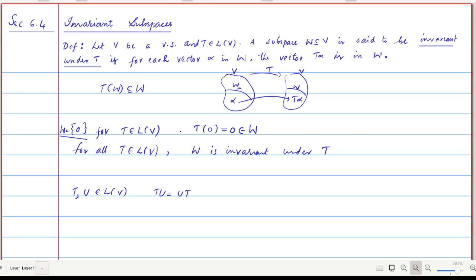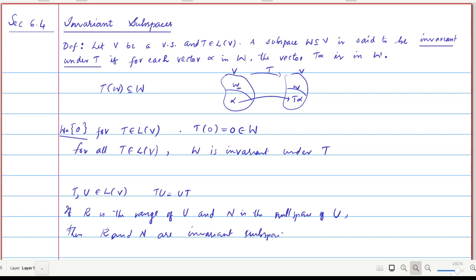In this case, let R be the range of U, and N be the null space of U. Then you can easily prove that R and N are invariant subspaces under T.